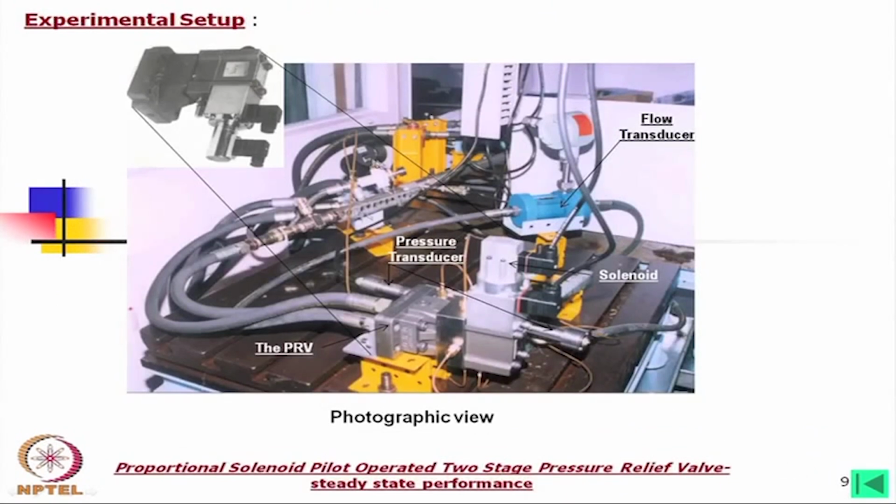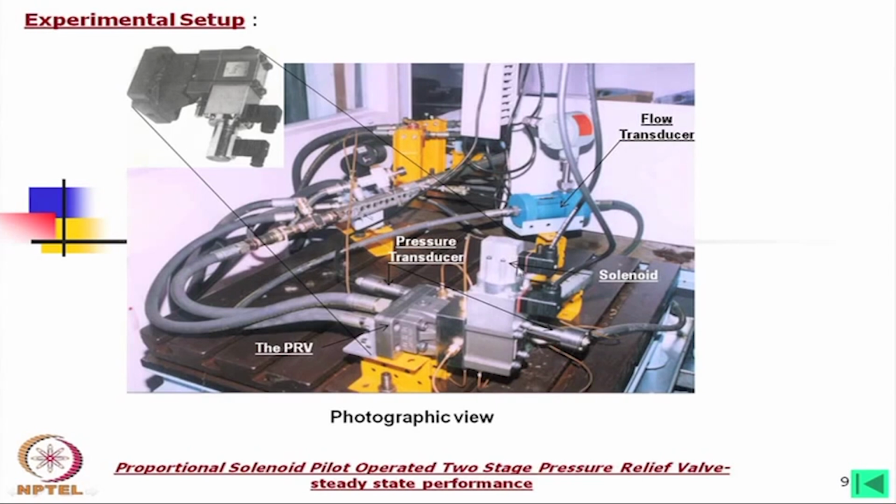Now, this experimental setup was like that. This is the valve we used here. This is the Denison valve. I will give the specification next day. Now, here are the pressure transducers.